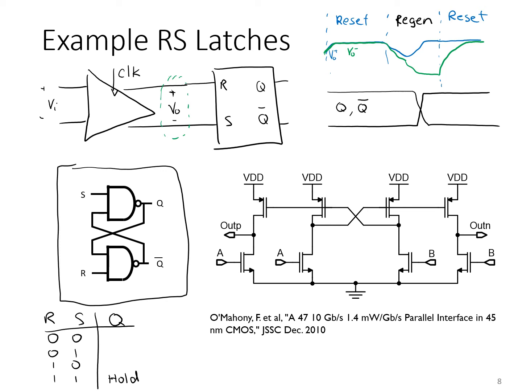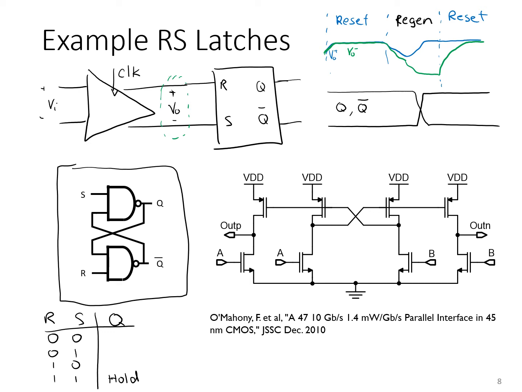So that will sustain the outputs of the regenerative comparator during its reset phase, so that whatever the subsequent circuit is connected to the output of the RS latch won't really see the reset phase. The output will simply go from one decision to the next.